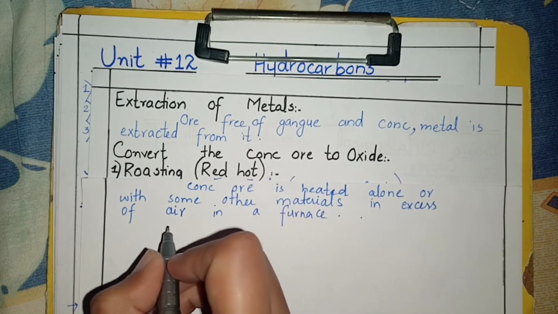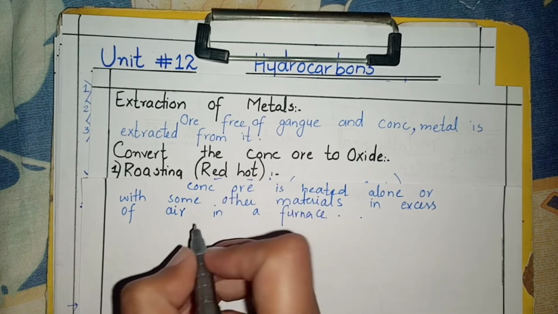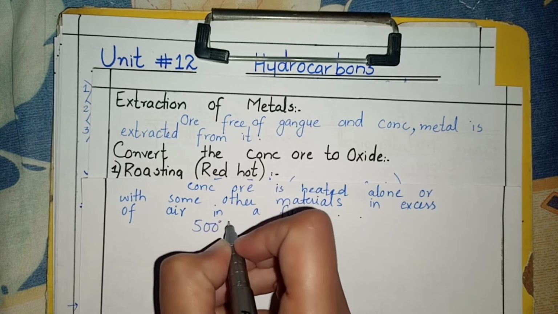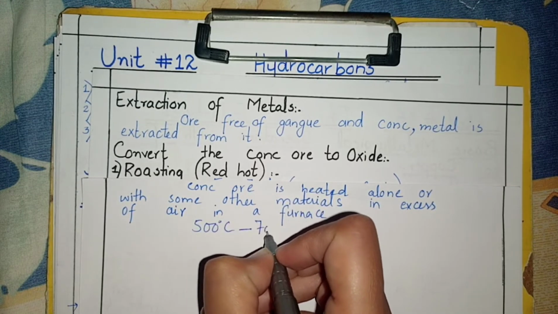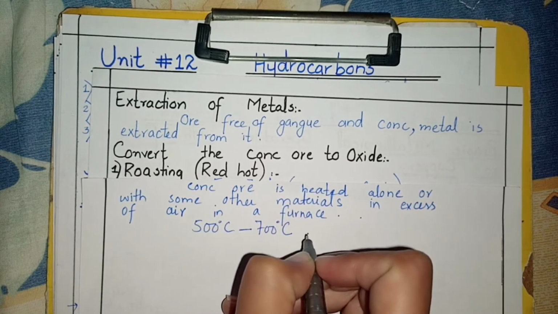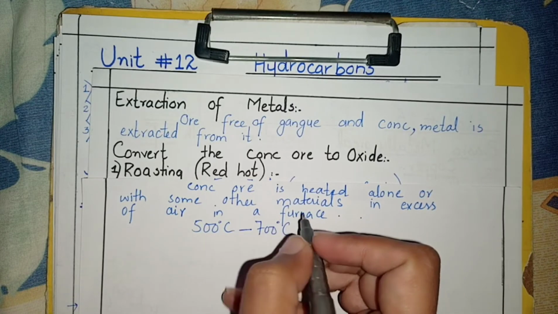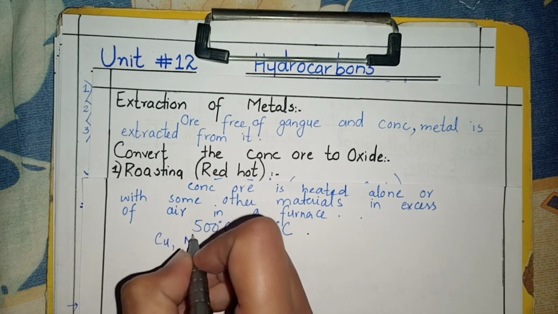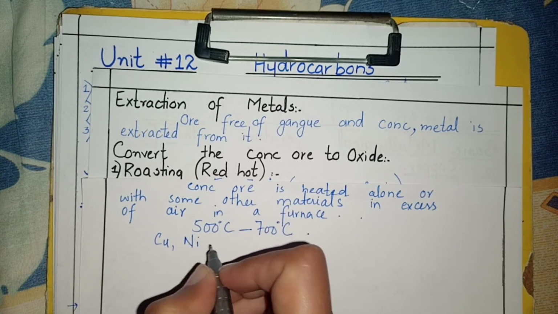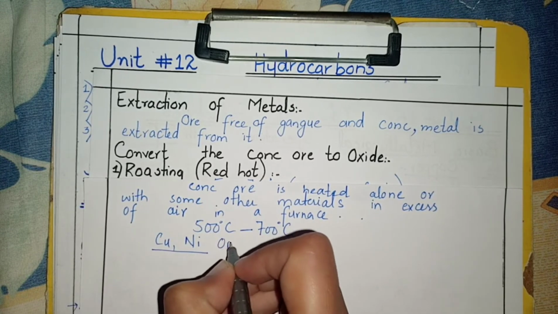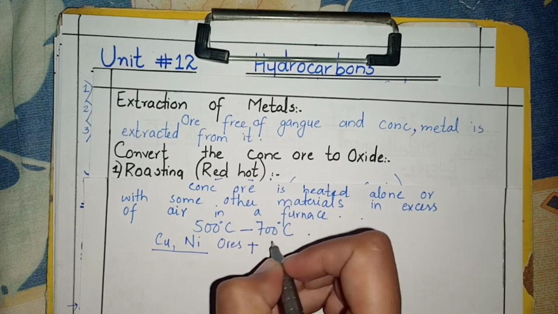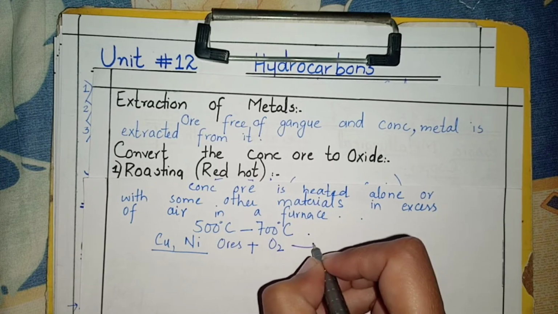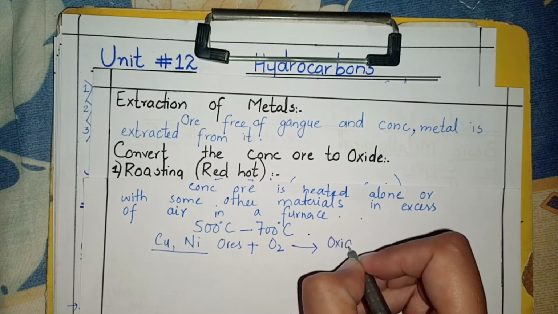So the concentrated ore is roasted in a furnace between 500 degrees C to 700 degrees C temperature in the presence of air. Ores of metals like copper, nickel, they are roasted in air and they will produce oxides.